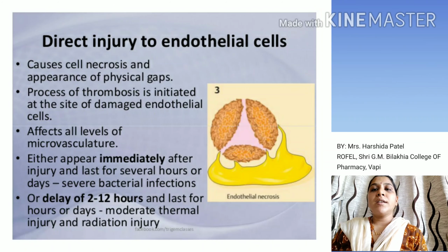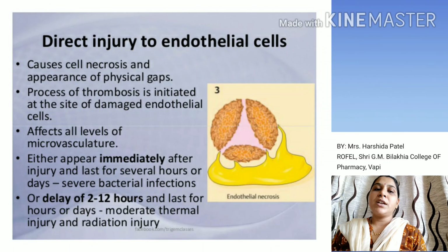When there is direct injury to the endothelial cell, at the site of injury it also initiates the formation of thrombosis. This type of mechanism can affect all the microvasculature, meaning arterioles, venules and capillaries.